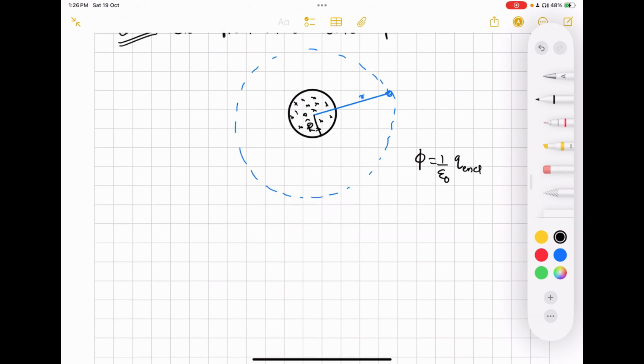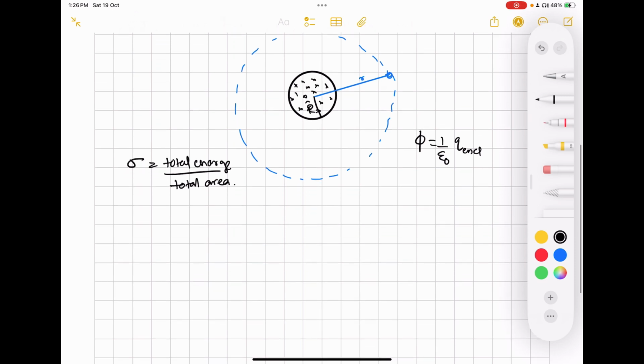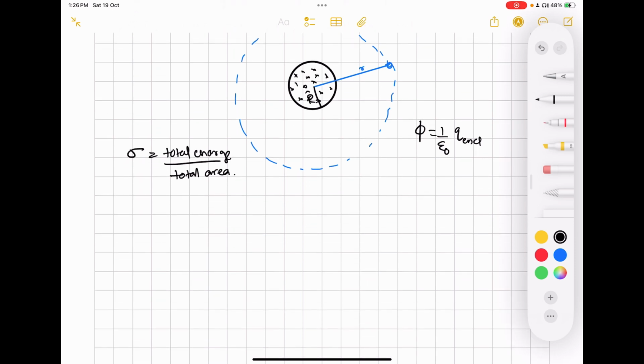In the case of a shell, we define surface charge density sigma, equal to total charge divided by total area, because the charges reside only on the surface. But here we have charges inside the volume also. Therefore, we define a new quantity called volume charge density, equal to total charge divided by total volume.